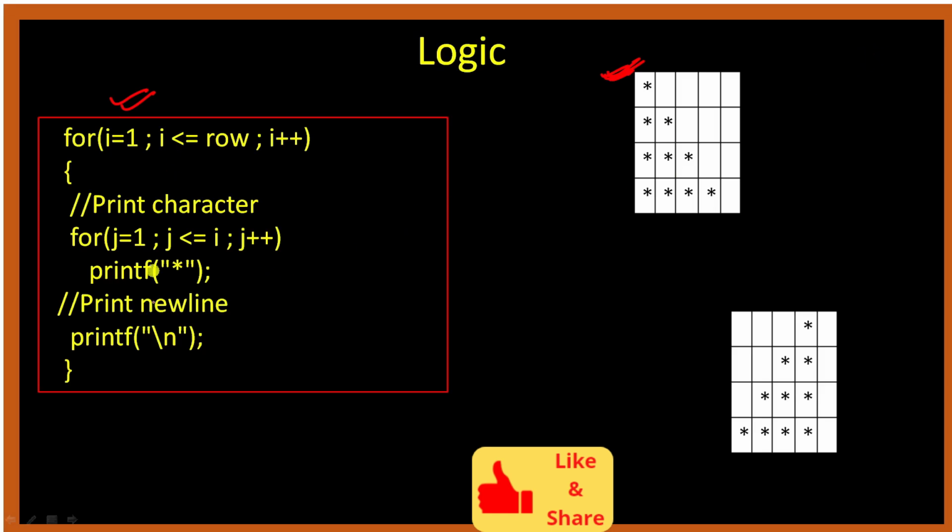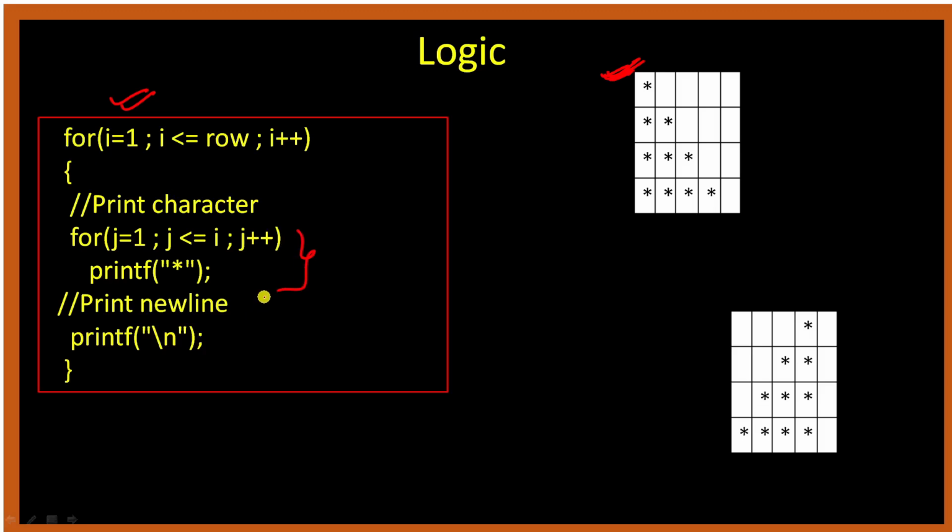So we saw in our previous video that this was the code to print the stars in each row, and this loop was controlled by the row number. For I equal to 1, that is the first row, I was printing 1 star, I equal to 2, 2 stars, I equal to 3, 3 stars, and I equal to 4, 4 stars.